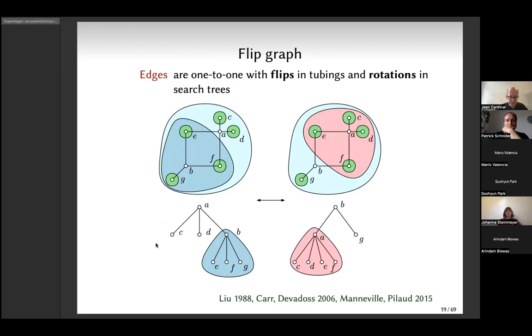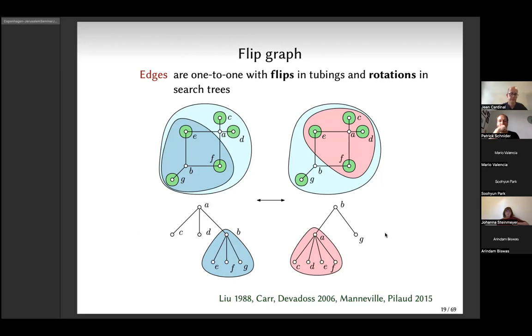And this corresponds exactly to the rotation between the 2 corresponding elimination trees. So here, for instance, on the elimination tree on the left, we are going to do a rotation around the edge AB of this tree, meaning that B will be eliminated before A. And this will have the effect that the tube containing B, E, F, G will be replaced by the tube containing A, C, D, E, F.